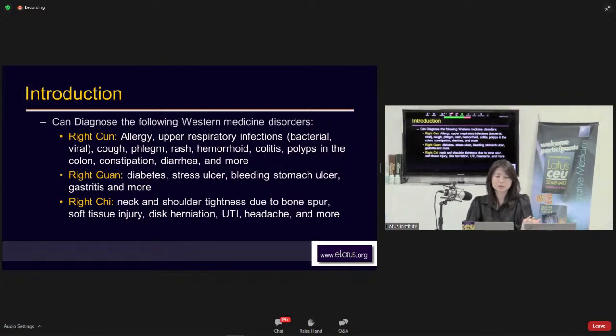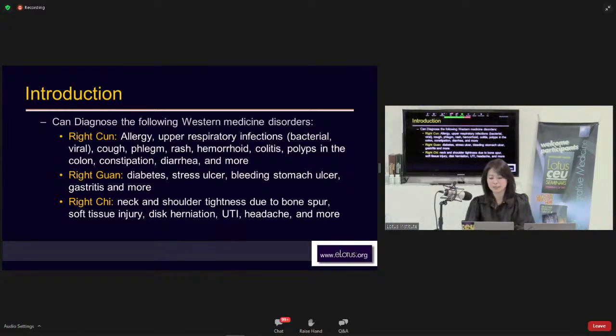So in your clinic, taking the right cun pulse, you are actually able to tell if it's a bacterial infection or a viral infection. A bacterial infection is going to be floating, excess, forceful. And a viral infection is something that is deep. We'll talk about that a little later today, but just to let you know, you can discern that from the right cun alone.